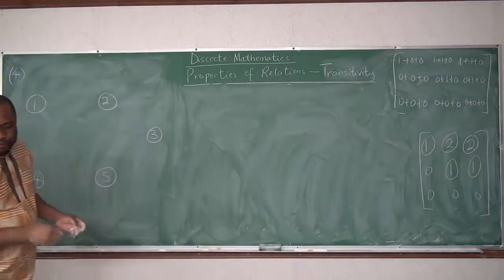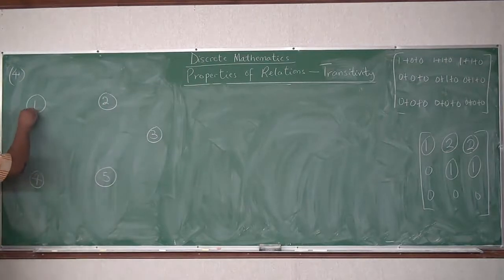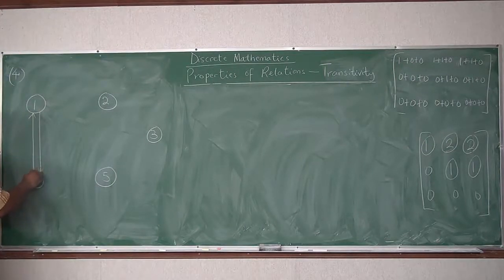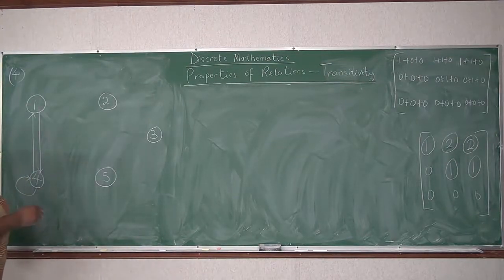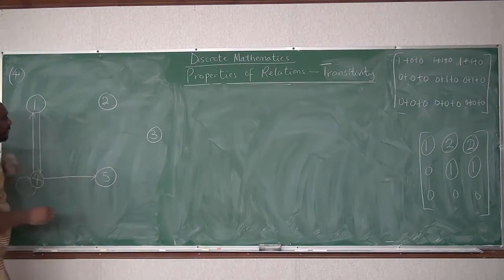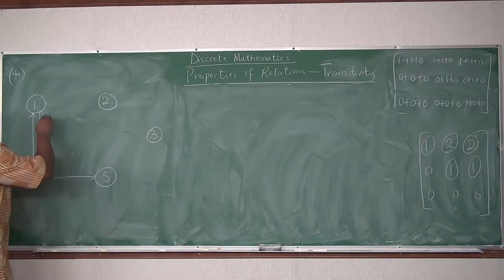So here you have 1 to 4, 4 to 1. Okay, that's a two-way street. You have 4 loops to 4. You have 4 to 5. You have 1 to 5.